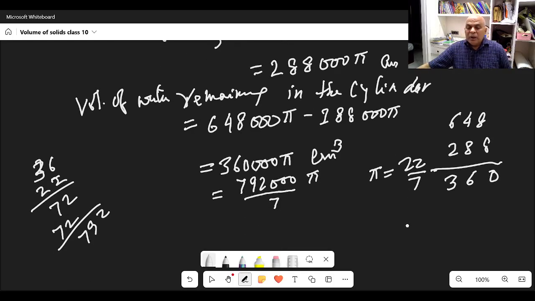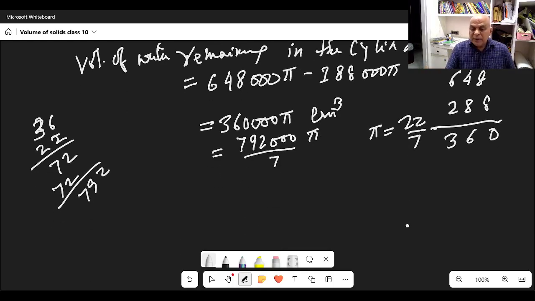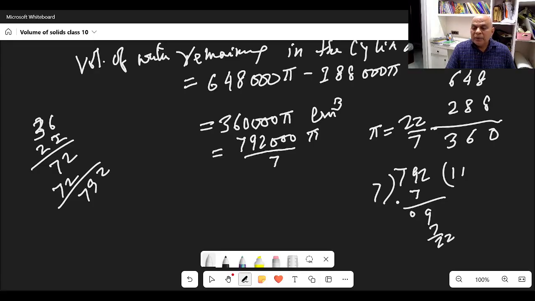Now just divide it, 792 divided by 7, approximately 113,000 centimeter cube.